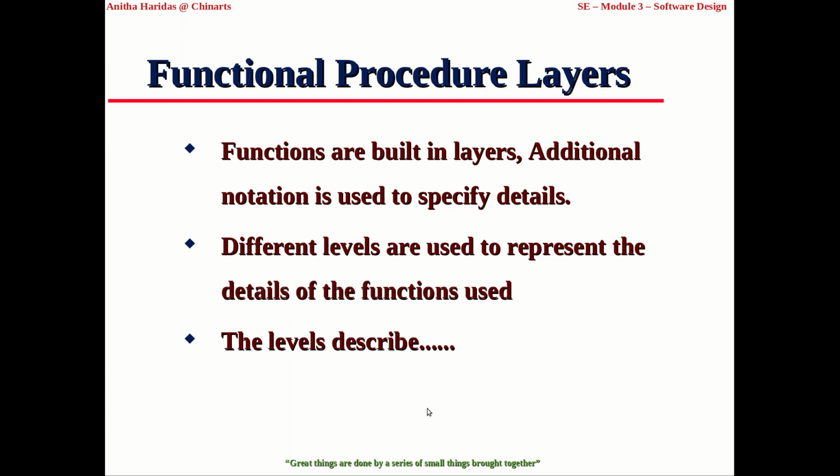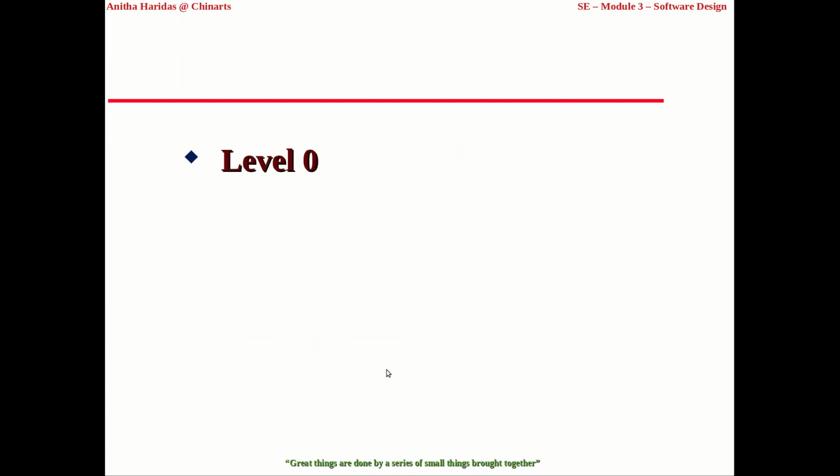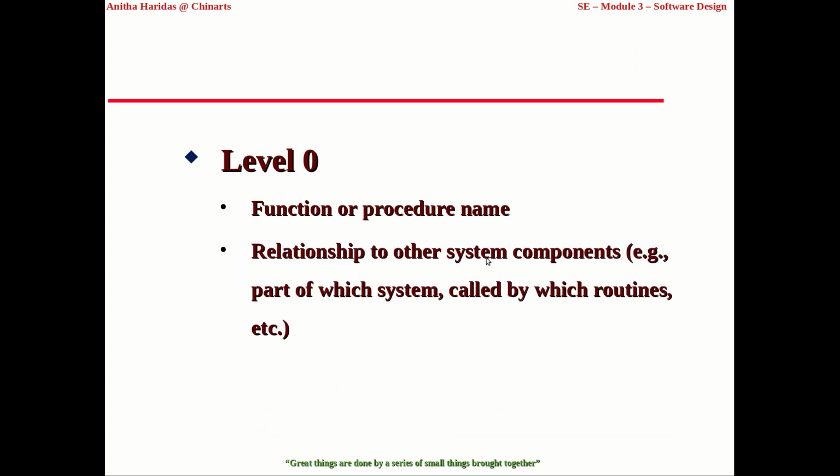In level 0, you can have the function name, or you can call it the procedure name. Then you can have the relationship to other system components, something like part of which system, called by which routine. These kinds of information can be specified.